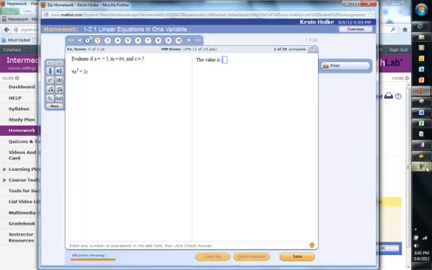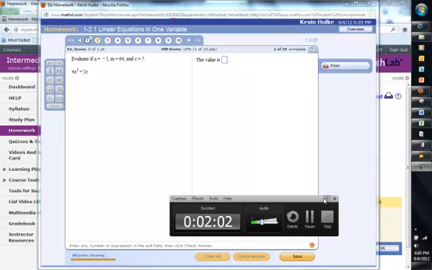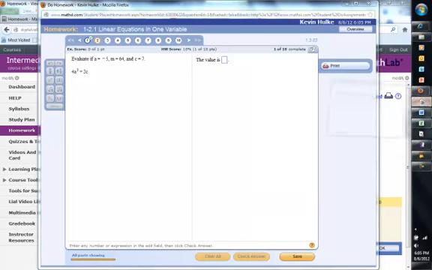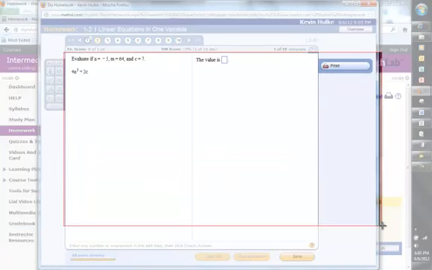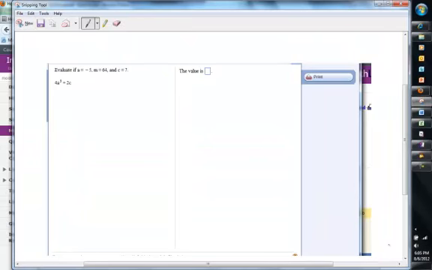Evaluate. So once again, we're going to evaluate this expression. If a is -5, we're going to have 4 times -5 to the third. Remember, it's -5 times -5 times -5, and then 2 times 7.